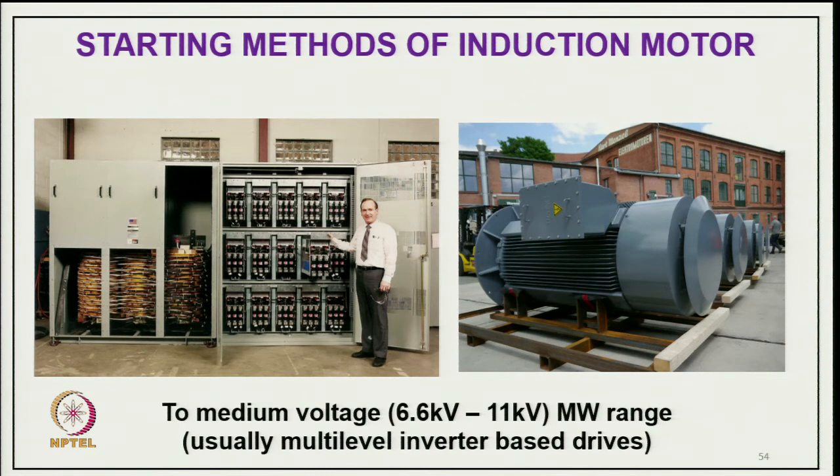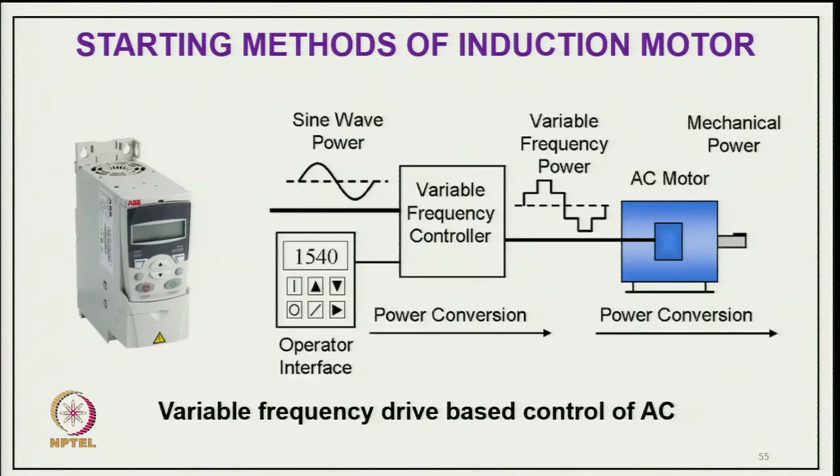Now, the starting method of induction motors for medium voltage, medium power drives, that is 6.6 kV to 11 kV and megawatt range, usually multi-level inverter based drives are used. The purpose of this drive is that we convert normal AC sine wave power to variable frequency power to be applied to the motor with the help of solid state devices, which we call the drive, so that you can change the frequency as well as the voltage across the motor to get speed control and efficient operation to suit the specific application requirement.